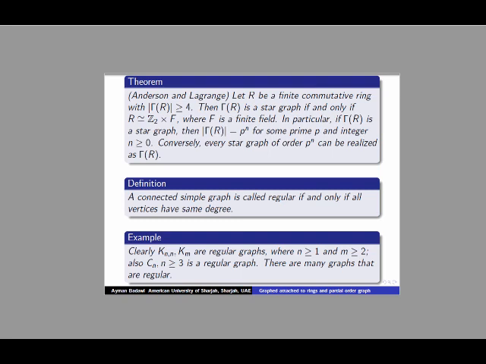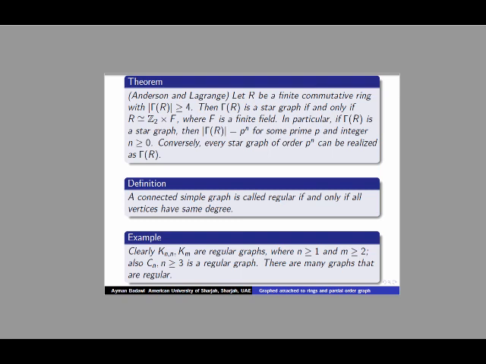So if the zero divisor graph is a star graph, then we know the number of the vertices.